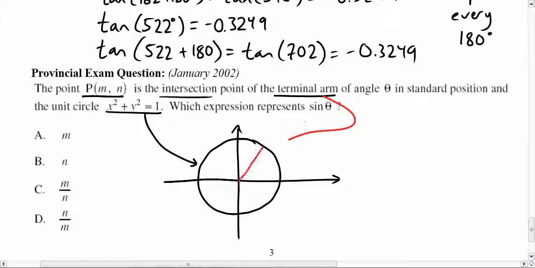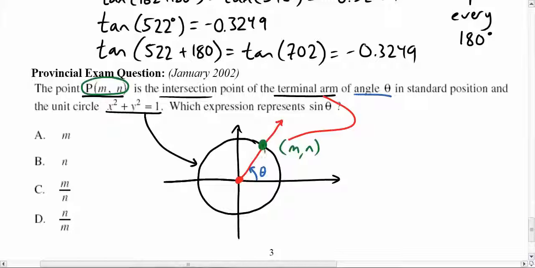My terminal arm is just a line from the origin out into space. My angle theta is the angle in standard position. And the point P is where those two things cross, where the circle and the terminal arm intersect. So it's right here. And that point is the point (M, N).